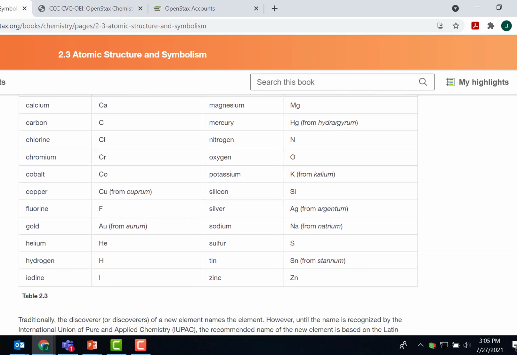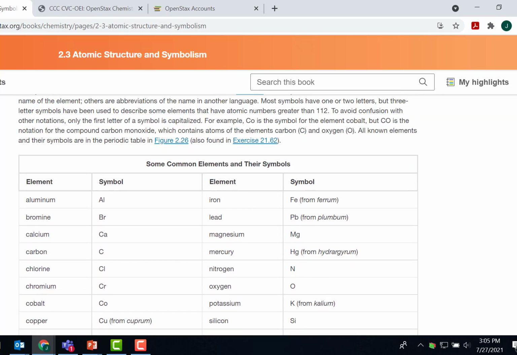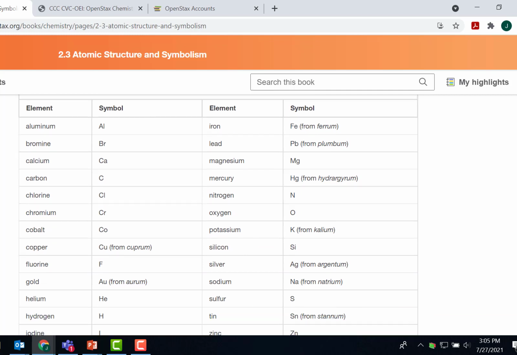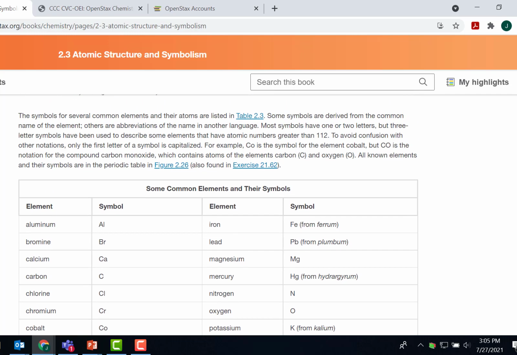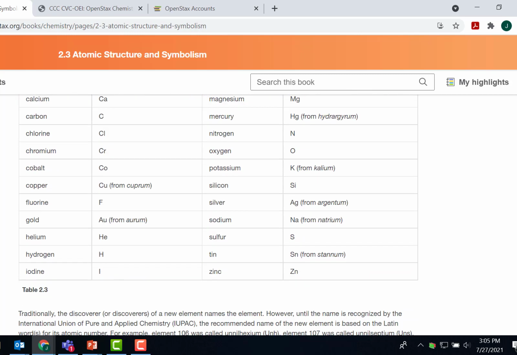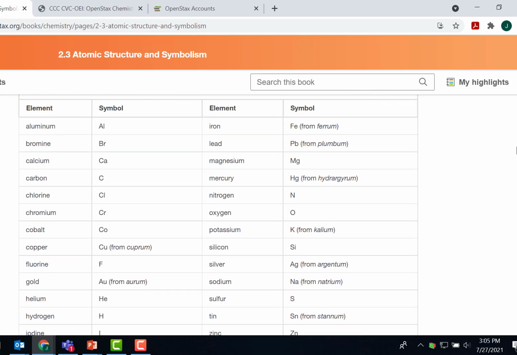Here we're showing some common elements and their symbols. One thing I should mention, we briefly looked at the periodic table in the last section. All of these are on the periodic table. So if it's on the periodic table, then it is an element. And I'm not going to have you memorize these.